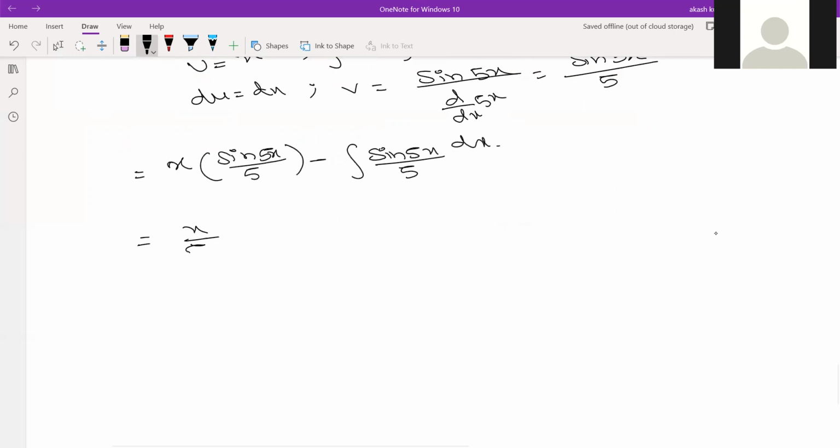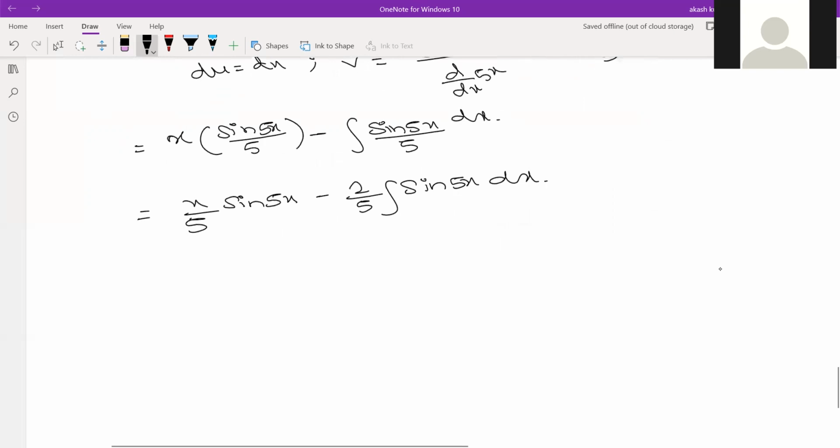So x over 5 sin 5x minus 1 over 5, because that is a constant, taking it outside, and we have sin 5x dx. Is it clear so far? Okay.